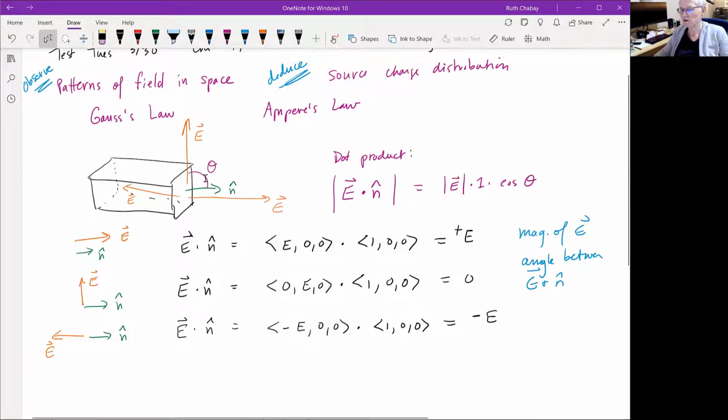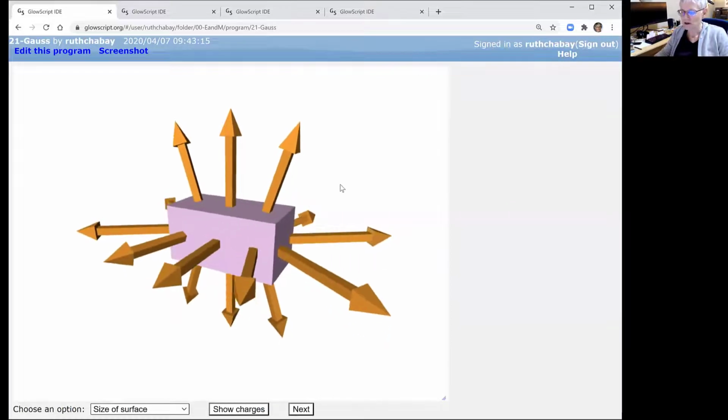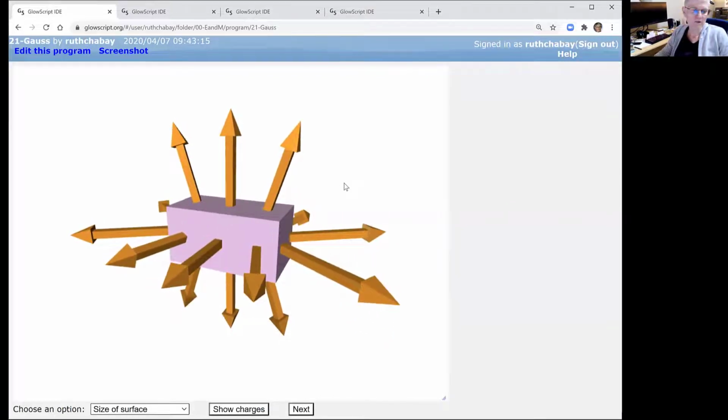But since we're worried about magnitude, we need to worry about another thing, which is how big our box is. And so let's go back to our program here. So we're in some location in space. We have this box. We measure the electric field all over it.